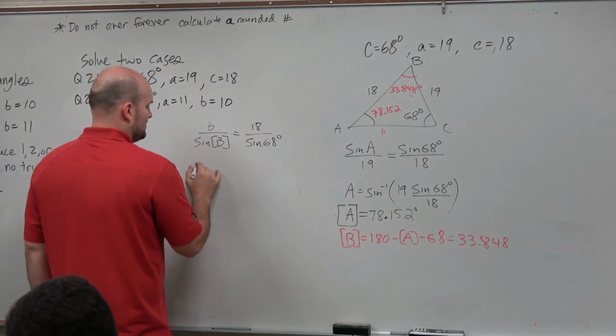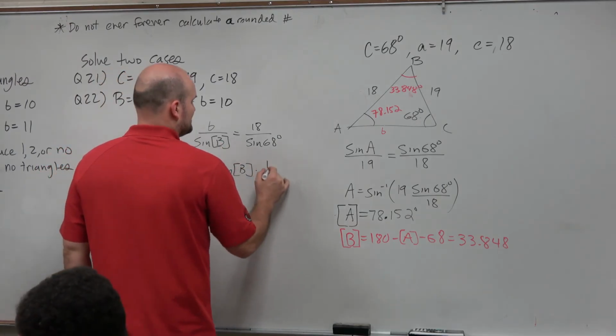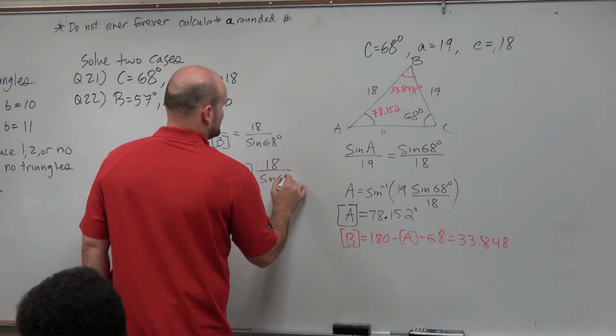Now, go ahead and solve for b. b equals the sine of stored b times 18 over the sine of 68 degrees.